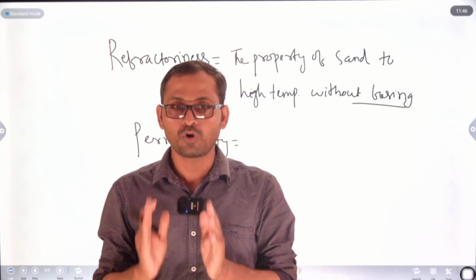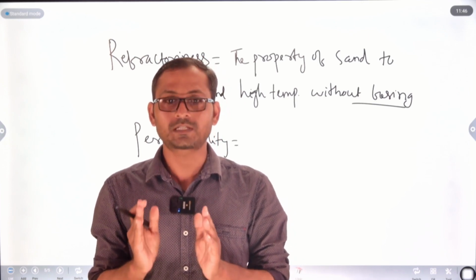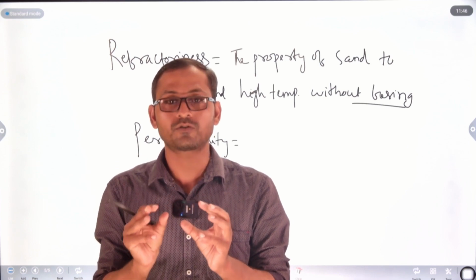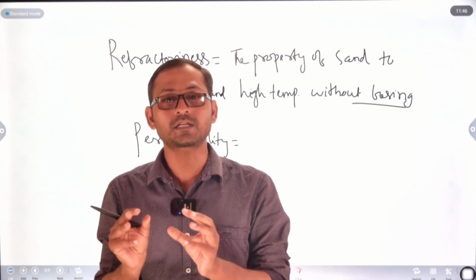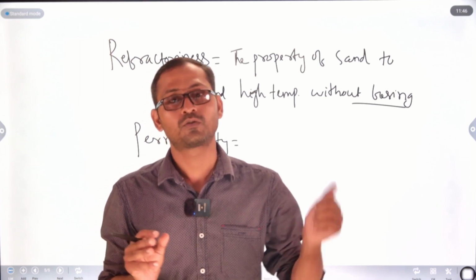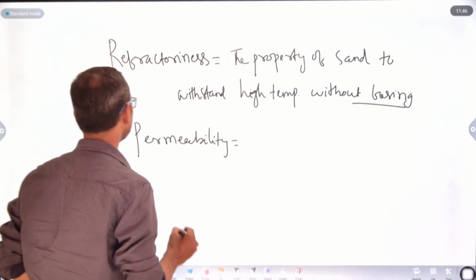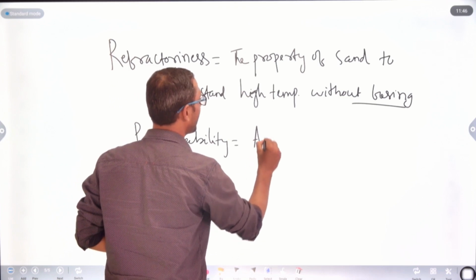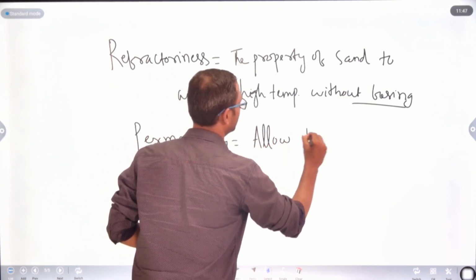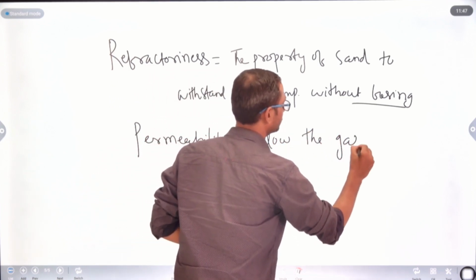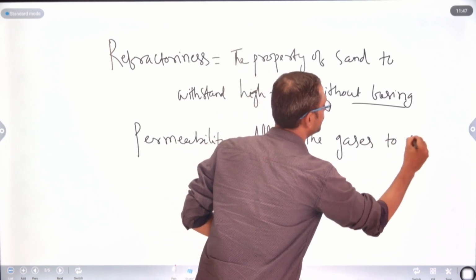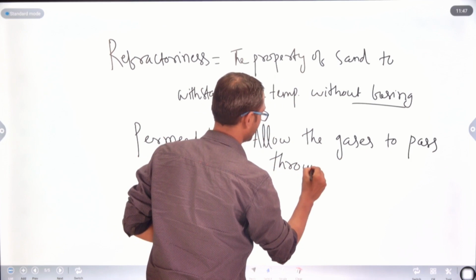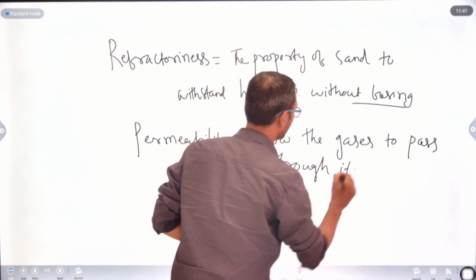So the bed of the sand should be sufficiently porous so that it allows the unnecessary gases to go through it to outside. This is called permeability. So this is basically to allow the gases to pass through it.